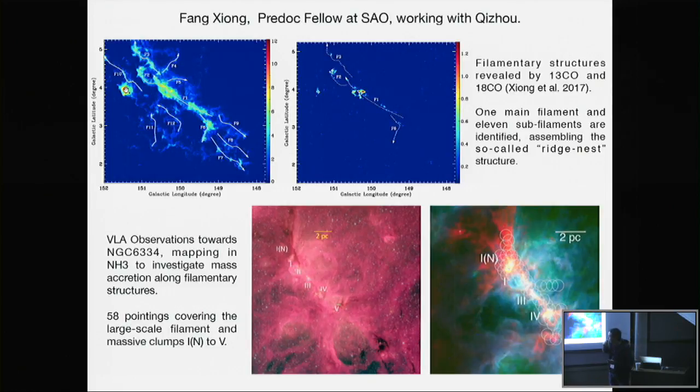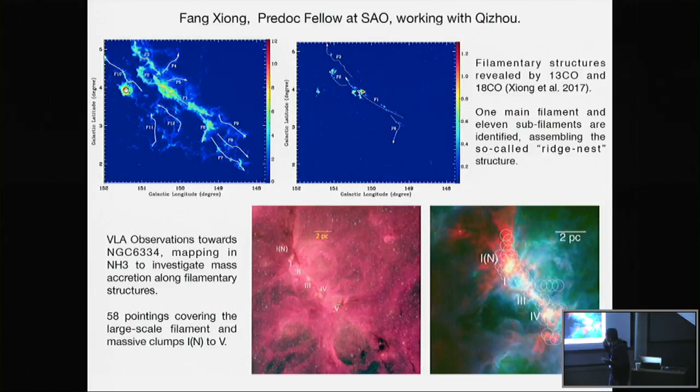Right now, I'm basically working with this VLA data. We have a VLA observation towards NGC 6334. It's mapping the whole region in ammonia to investigate the mass accretion along the filamentary structures. We got about 58 pointings covering the whole NGC-scale filament and these massive clumps.